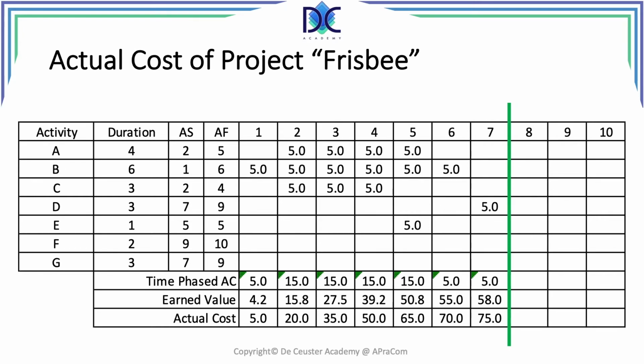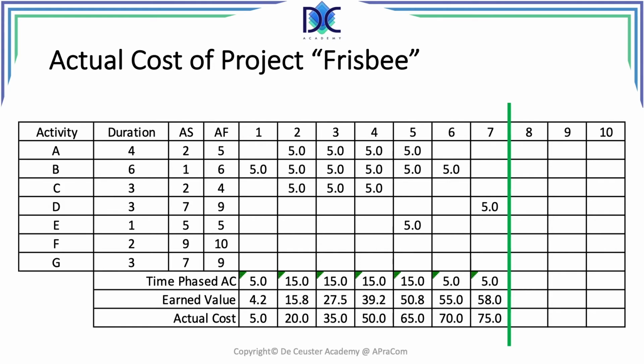We can do the same for the actual cost. Like I said, when we are working on an activity, it costs us 5K. So from the actual start to the actual finish time of the different activities, I register 5K per period. That gives us the result you see in front of you.